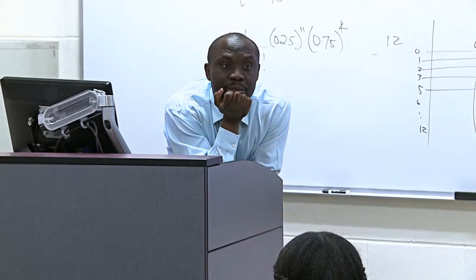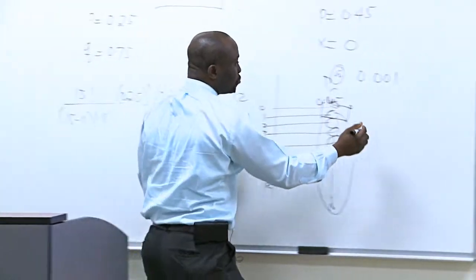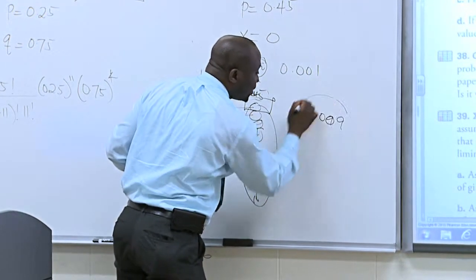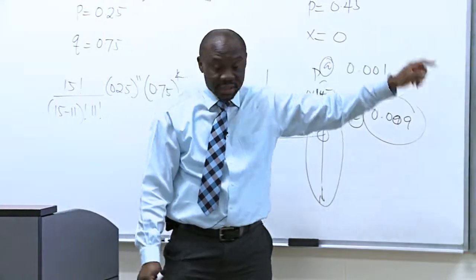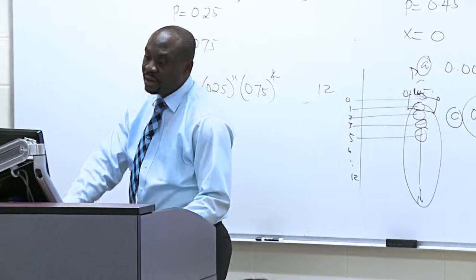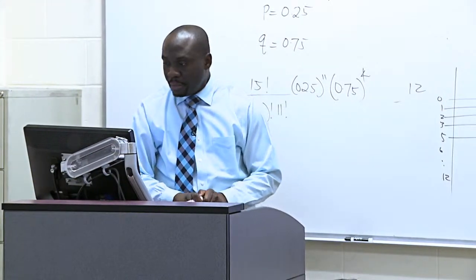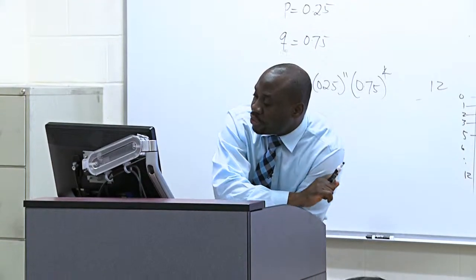Don't forget that. 0.009 is the answer for C. And question D is a continuation of C. If at most one is tuning, does it appear that the 45 share value is wrong?